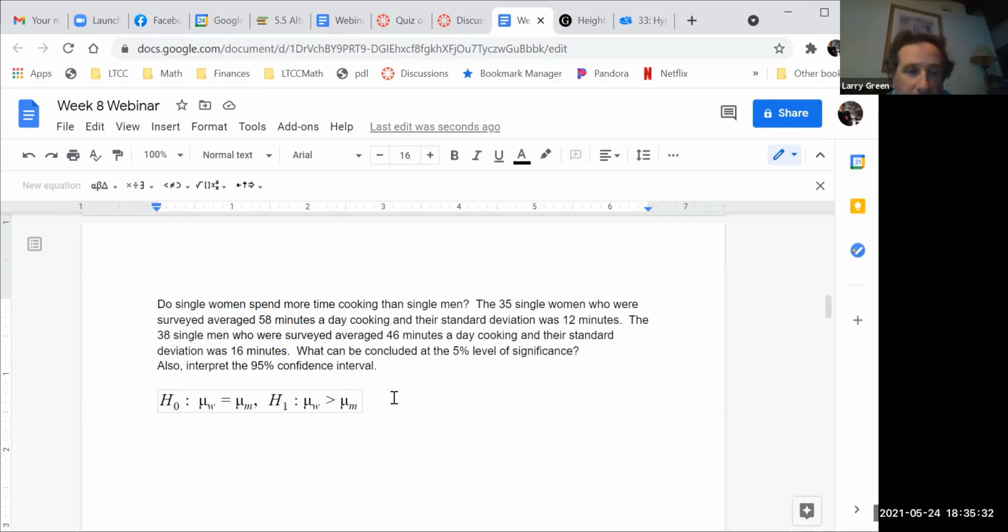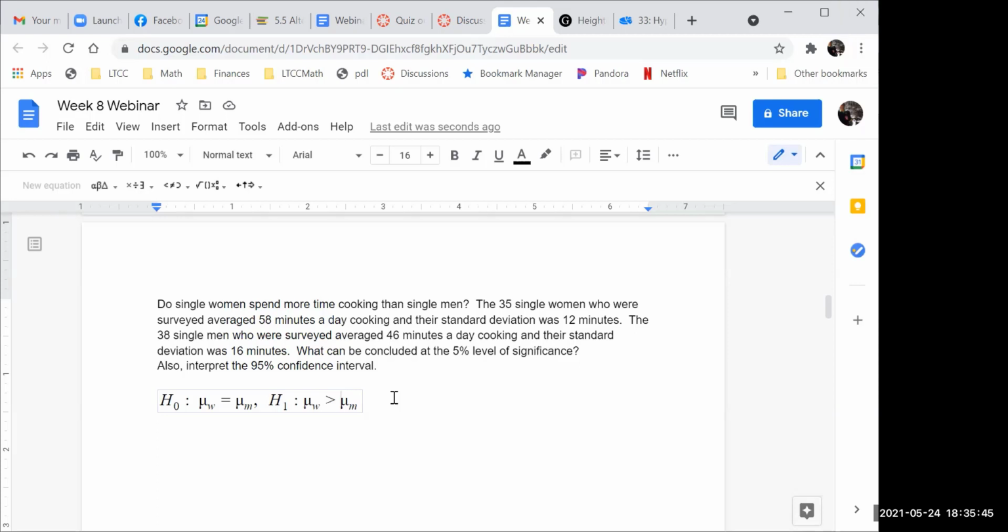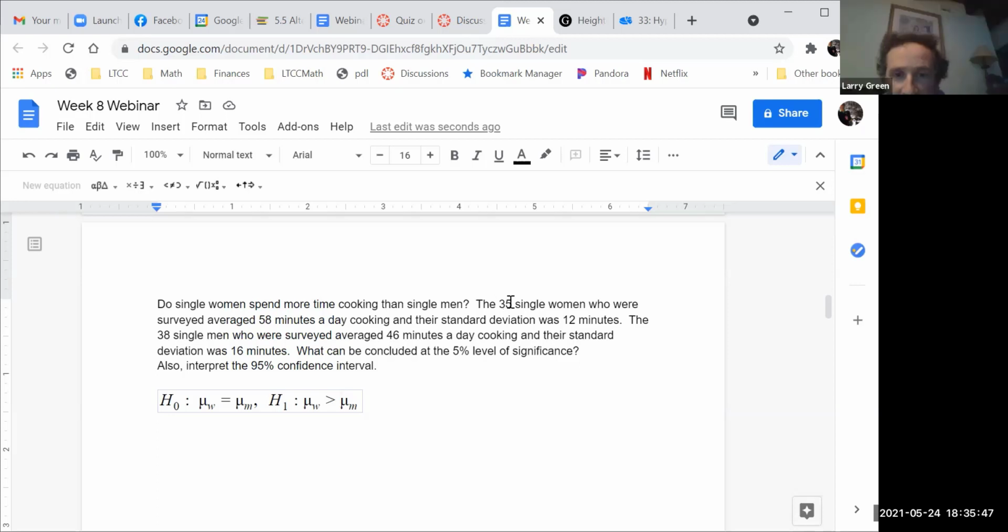Easy enough? Okay, so hopefully you're seeing this is working. Is the sample size big enough that I don't need to make any assumptions? What do you think? Yes. Yeah, because we have two sample sizes. One of them is 35. The other is 38. In fact, let's write that in.